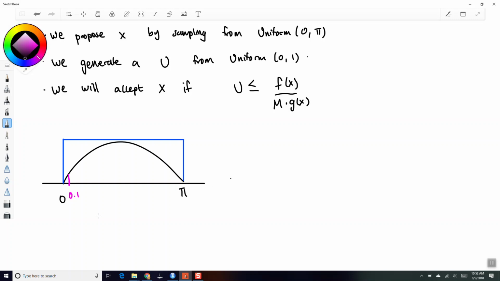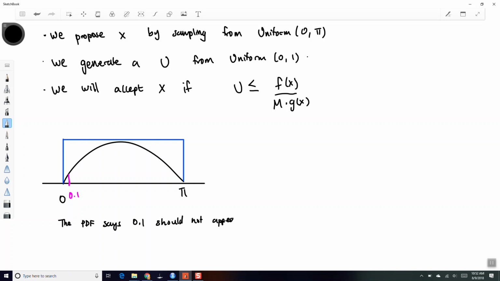So the PDF says 0.1 should not appear often. But if it's uniform, 0.1 is just as likely to appear as pi over 2, like 1.5. Every single value between 0 and pi is equally likely to show up from the uniform proposal, right?